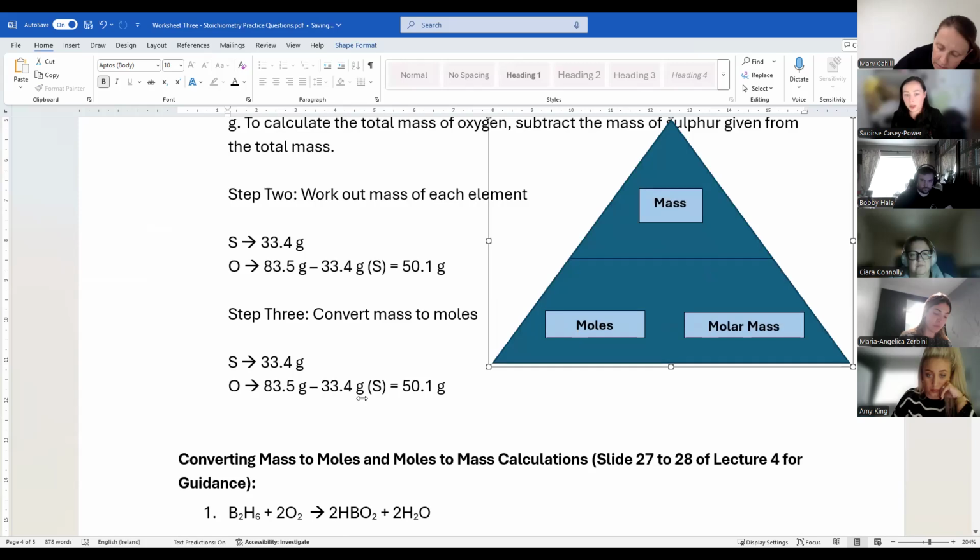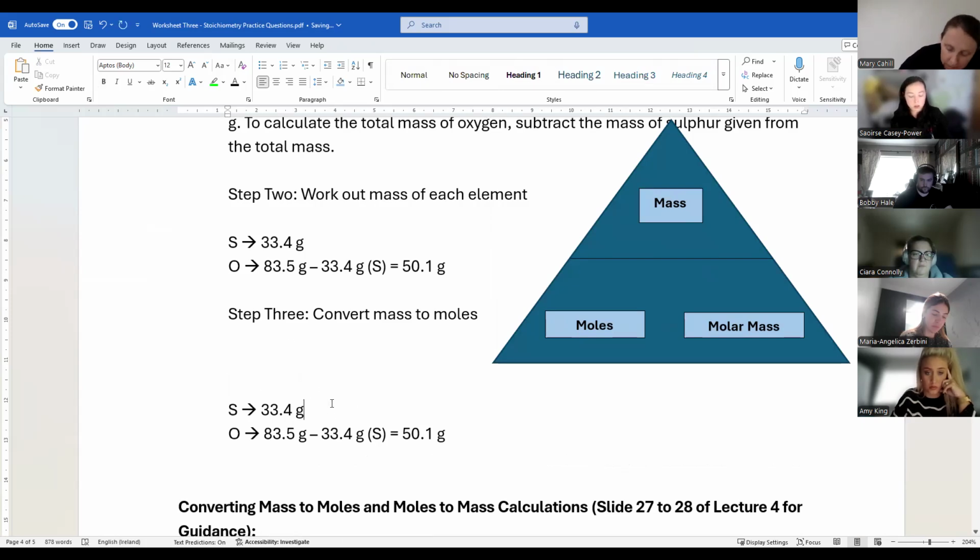Okay, so in the exact same way, I have two mass values. I'm going to convert each one of these to moles based on the periodic table. So my moles is our mass divided by molar mass.